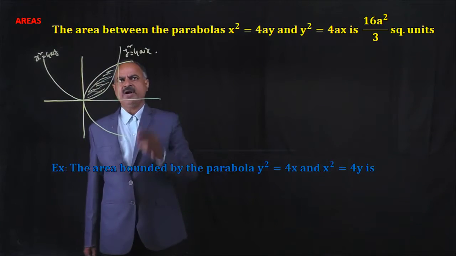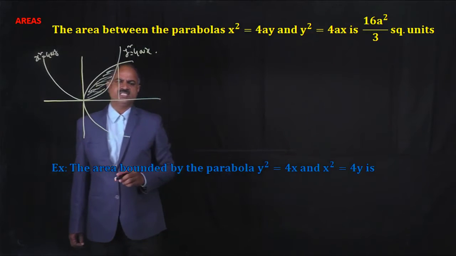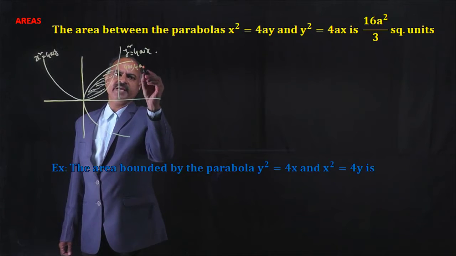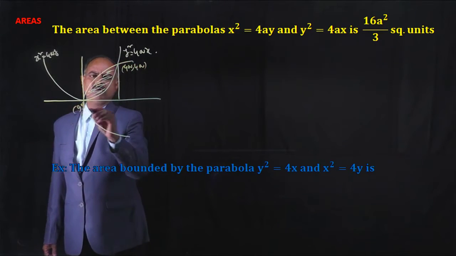First find the point of intersection of the two parabolas: 4a comma 4a and 0 comma 0.